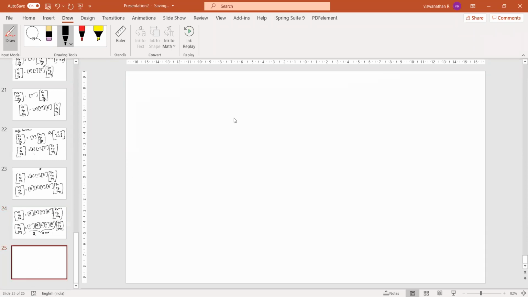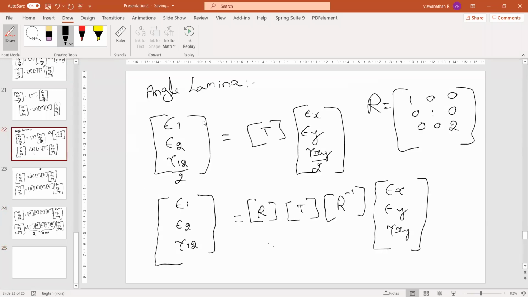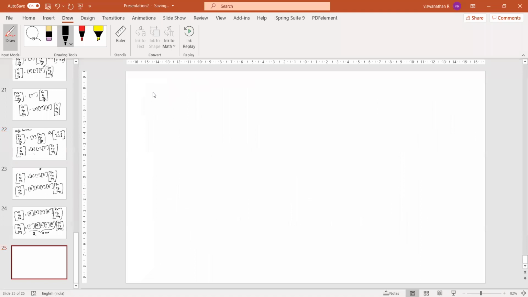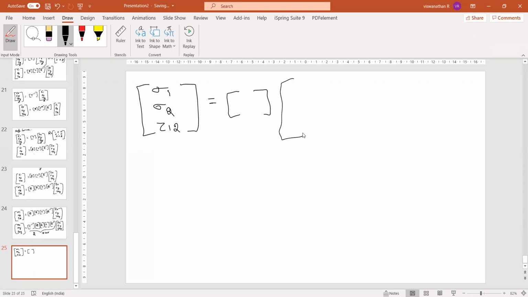So let's do that. Here we took strains for the first. Now we'll take stresses, again for the angle lamina only. I am talking about the angle lamina. Sigma 1, sigma 2, tau 1 2 is equal to the transformation T times sigma x, sigma y, tau xy.